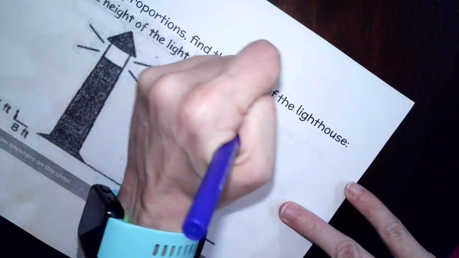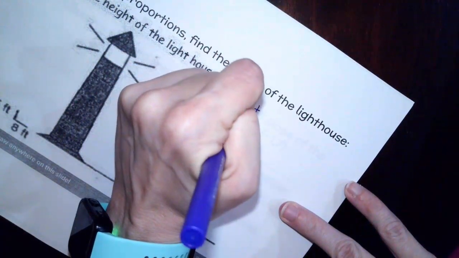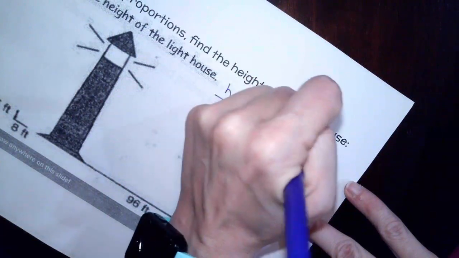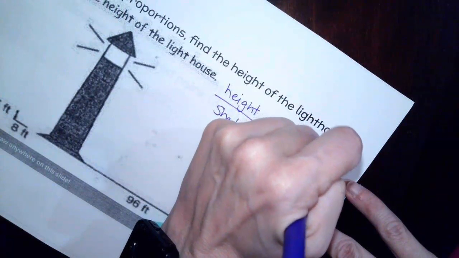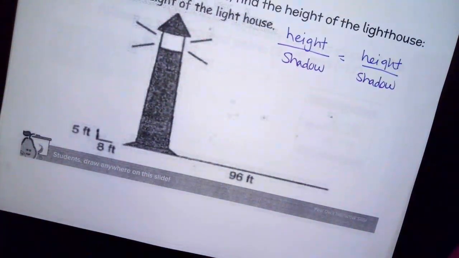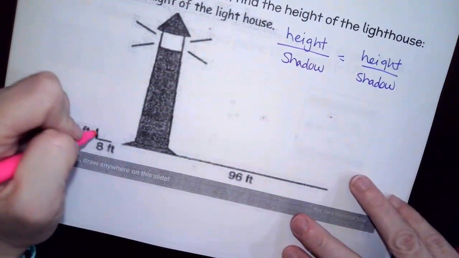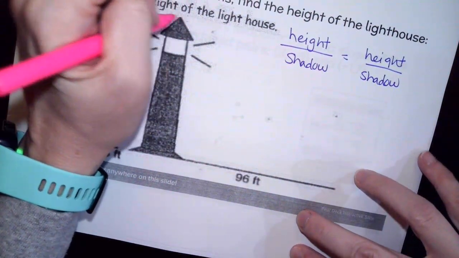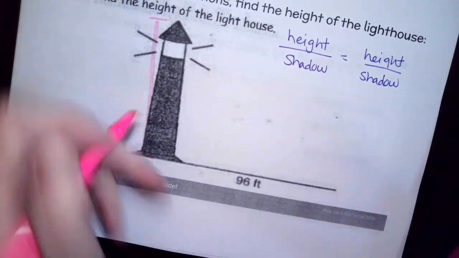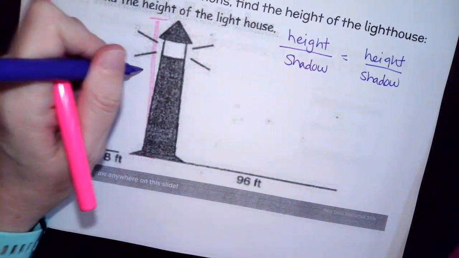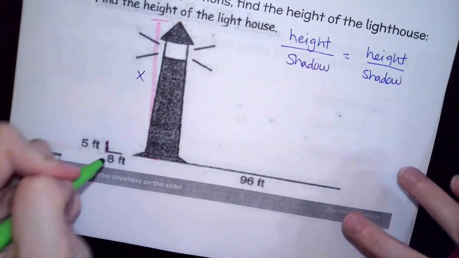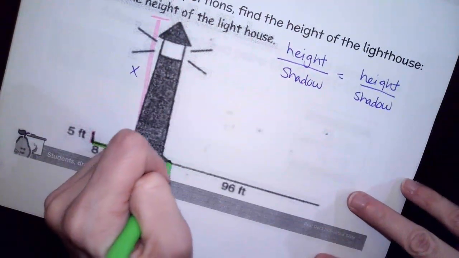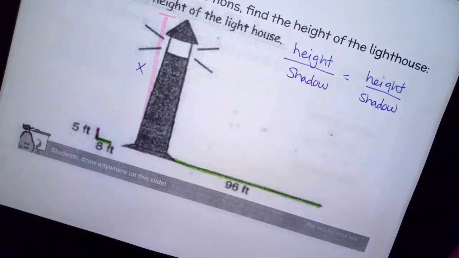All right, now on this one, oh, I love this type. Let's do height over shadow equals height over shadow. So I would say, here's the person's height, and we don't know the height of the, what is this, the lighthouse, do we? But we know that the person's shadow is 8, and the lighthouse shadow is 96.